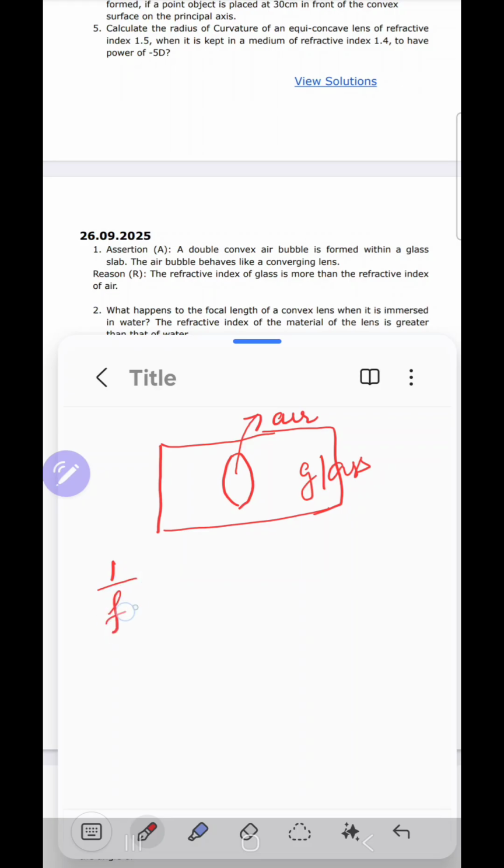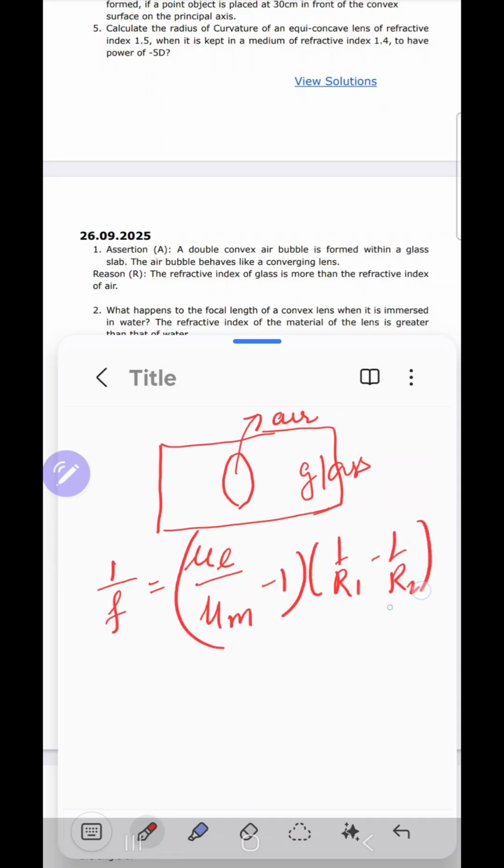Now using the lens maker's formula, this is the lens refractive index over the medium refractive index, minus 1, times 1 over r1 minus 1 by r2. Now for a convex lens this term becomes positive, and here we have to check whether this term is also positive or not. Now you see the lens refractive index is less, that is air; the optical density of air is less than the optical density of the glass.